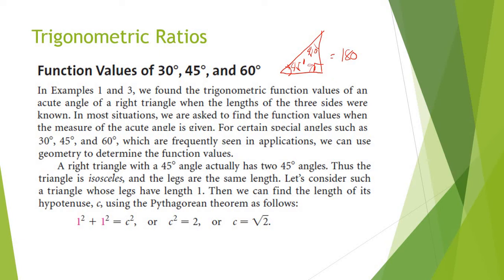So this is 90 already. You're going to add the two 45s, that will give you 90. So 90 plus 90, that will give you 180. Okay, this is for 45.